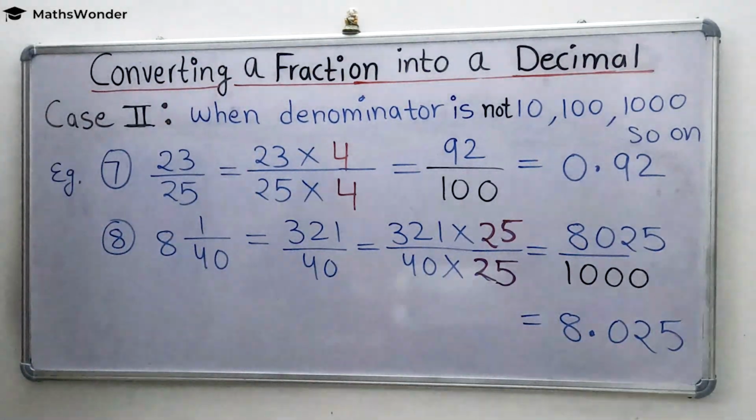So these are some examples of how to convert fractions into decimals when we don't have 10, 100, 1000 in the denominator. So this is the method.